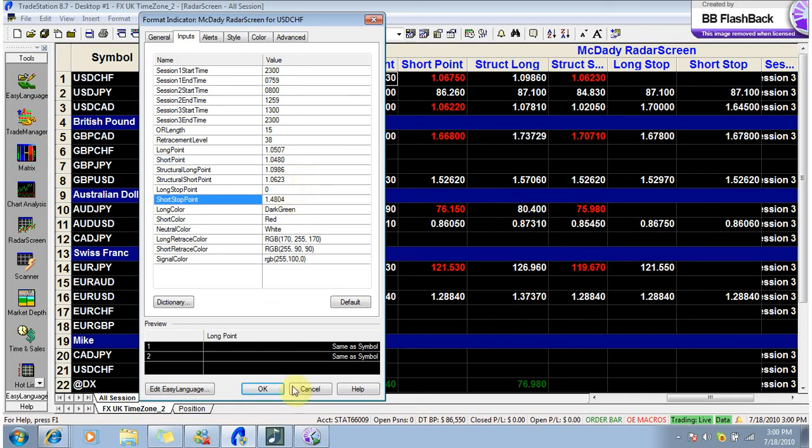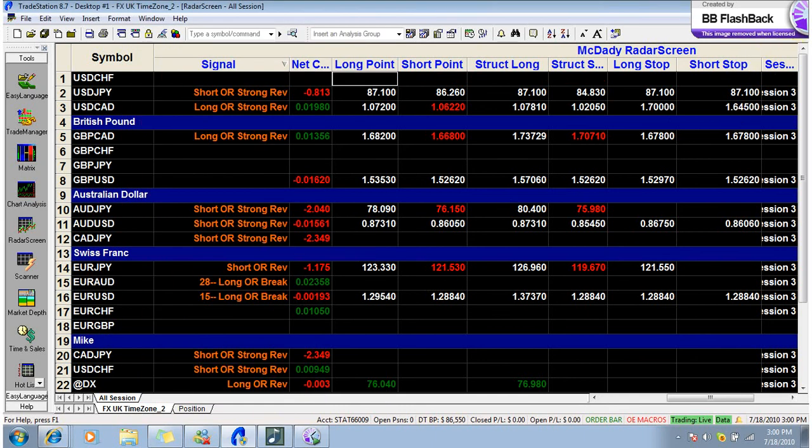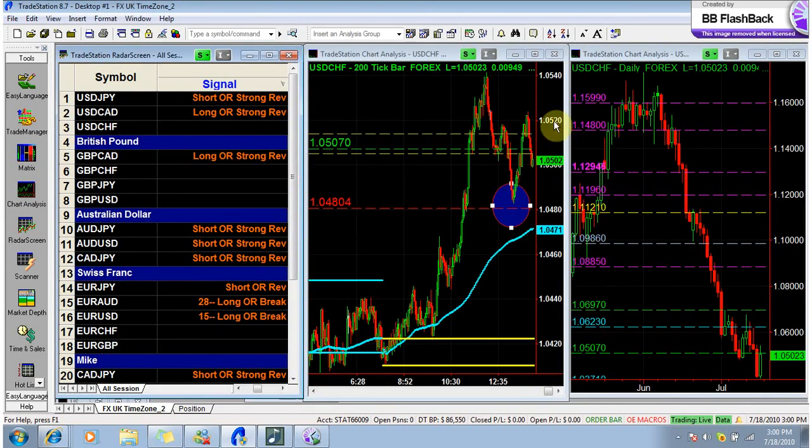And let's see if we're going to go long. Where are we going to put our stop? If you're going to buy it here, then it stands to reason that you're going to put your stop right there below the structure point. That's the cleanest technical stop that we have.